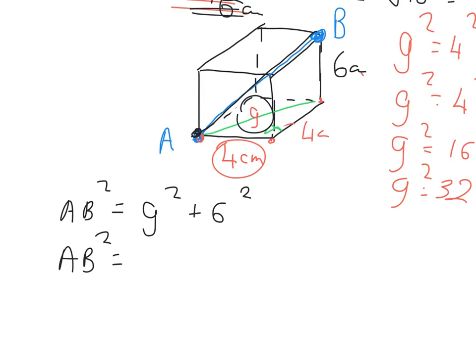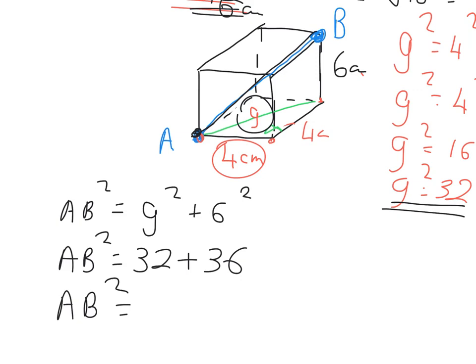So AB squared is equal to, well, G squared is 32, plus 6 squared is 36. AB squared is equal to 32 plus 36, which is 68. So AB is equal to the square root of 68.